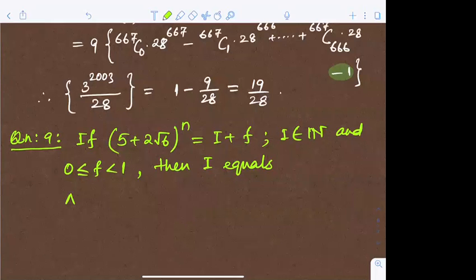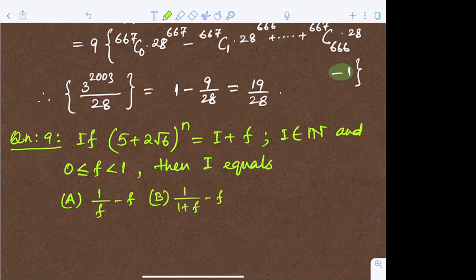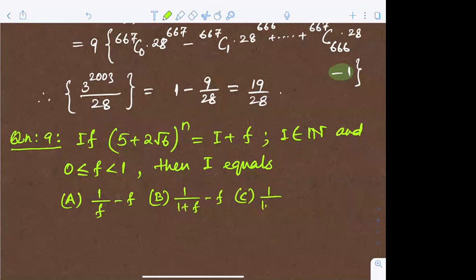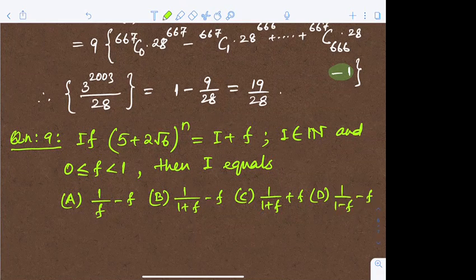Option A is 1 by f minus f. Option B is 1 by (1 plus f) minus f. Option C is 1 by (1 plus f) plus f. And option D is 1 by (1 minus f) minus f. Out of these 4 options, only one option is correct, and you have to find that option.